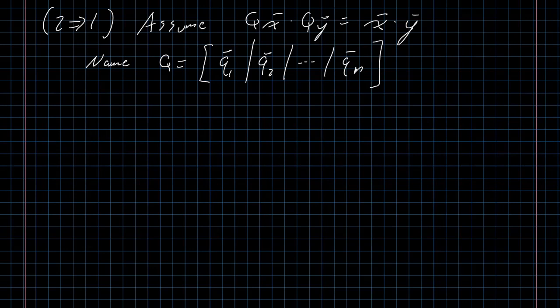And remember, step one, or property one, was that Q is an orthogonal matrix. So what we're trying to show here is that q1, q2, down through to qn forms an orthonormal set.